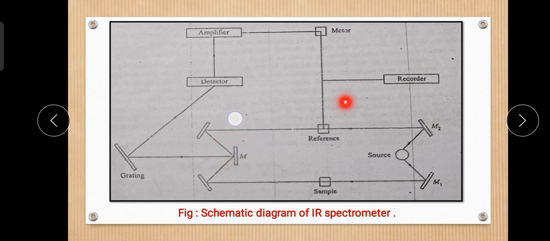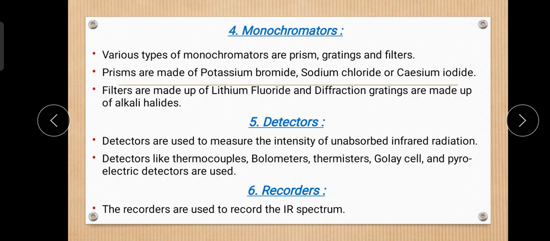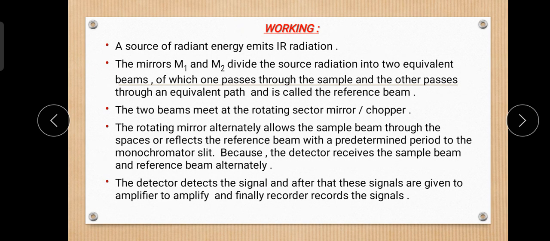So this is the working of the four optics arrangement. So we get the two beams, that is a reference beam and a sample beam. The two beams meet at the rotating sector mirror, that is a chopper, as already shown in the figure.